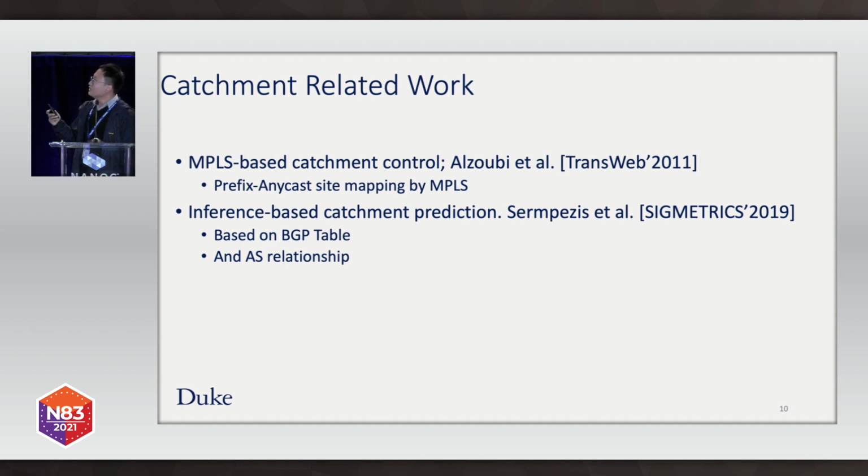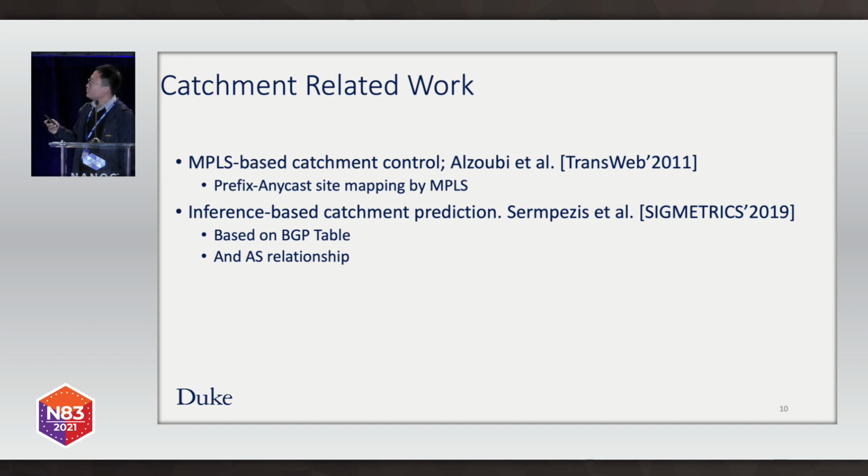There are several related works trying to control the catchment area proactively or doing some inference work to predict the catchment. The first one is Azubi et al. They propose to use an MPLS-based catchment control method to manually assign the ingress point to Anycast sites which are manually assigned into the same single AS. The other work is Suspense et al.